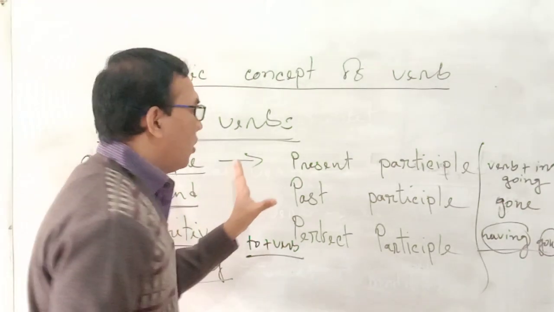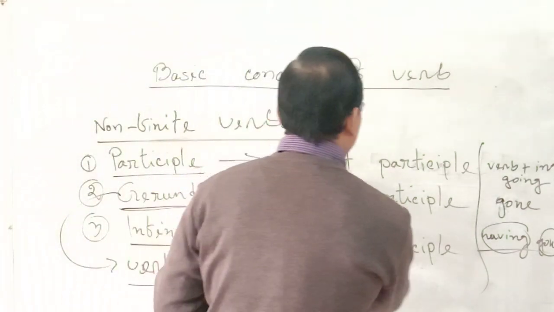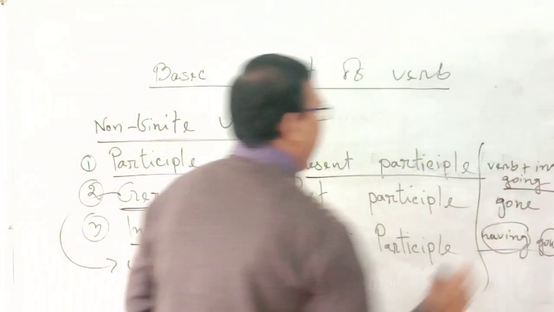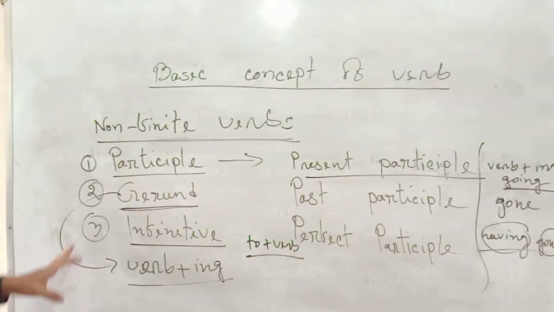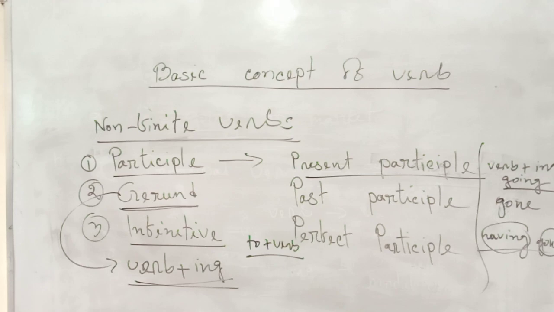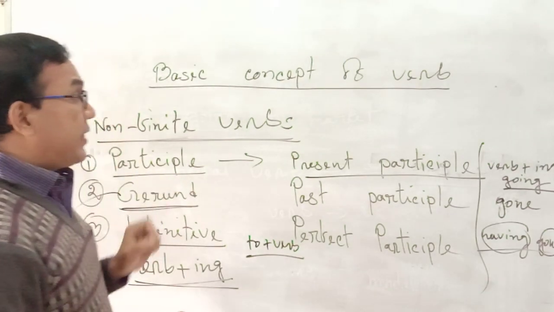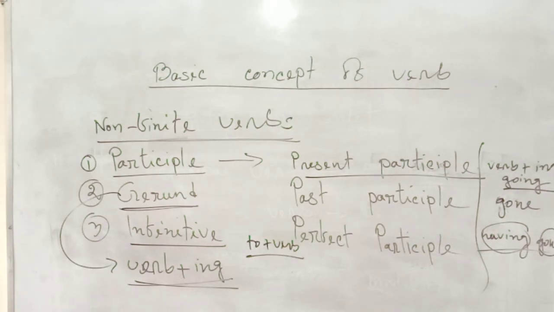So here, my dear students, you may be in confusion that present participle is verb plus ing, and the same is the case with gerund, verb plus ing. Then what is the difference between present participle and gerund? If you follow my lecture sincerely and attentively, then I think you can answer this question.